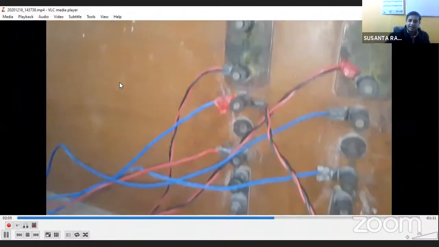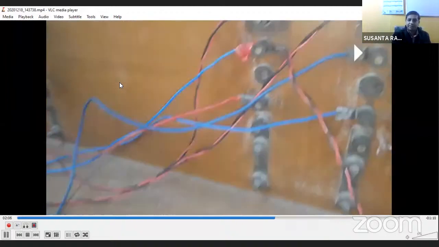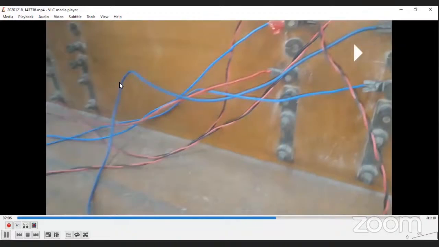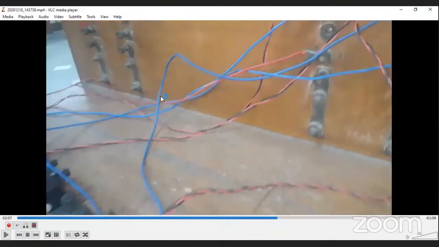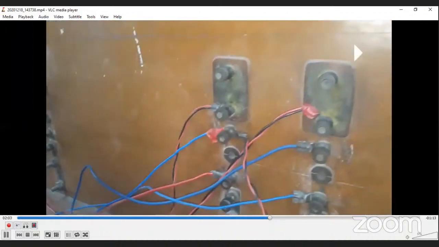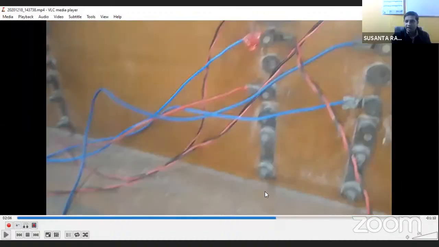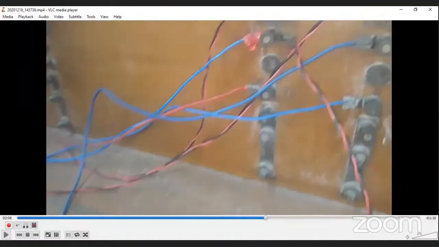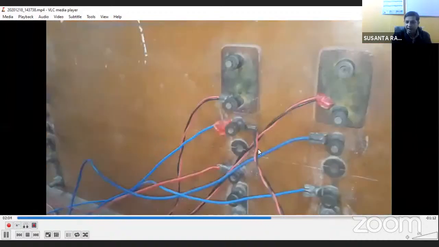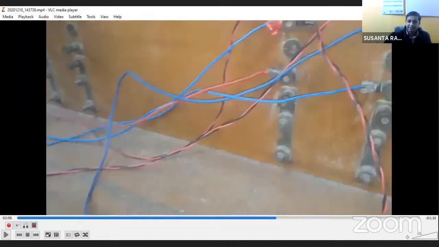So what has he connected? Can you tell me? Only one wire he has connected. Now what is that? You see, only one wire he has connected now, and that is also at the left line, not at the right line.